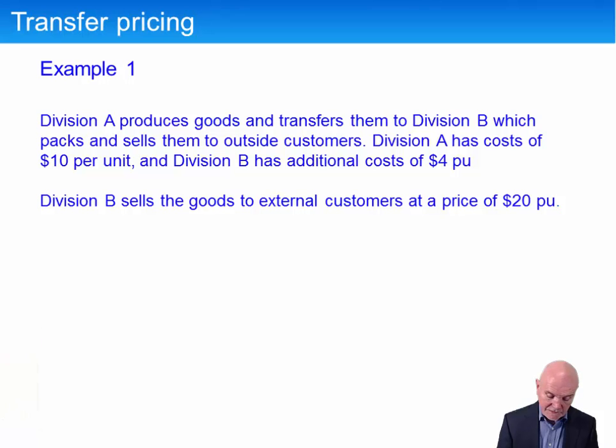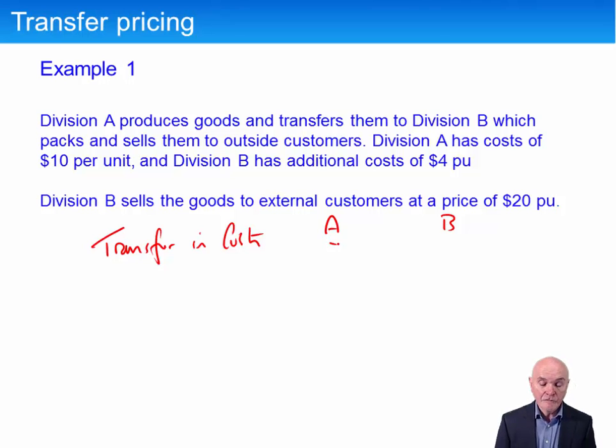So we can set it out as A and B, and we will have transfer in costs, which is nothing for A, because it's first in line. And then we have own costs.